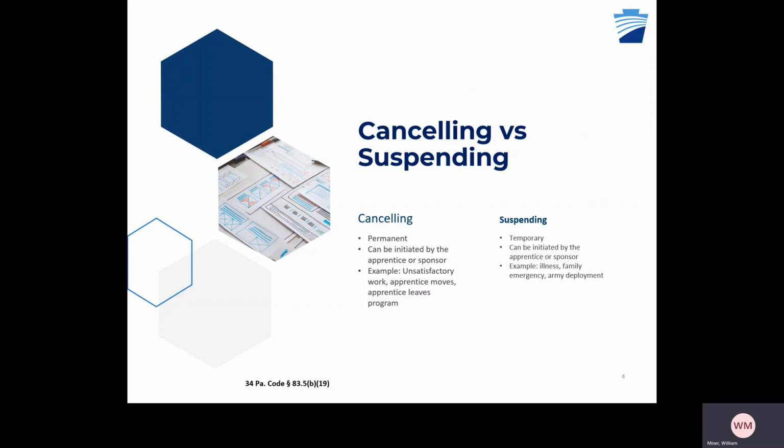When an apprentice is no longer active, you have the choice to either cancel or suspend the apprentice from the program. Canceling an apprentice is a permanent function. This should be used if the apprentice fails to meet standards or otherwise leaves the program. On the other hand, if an apprentice is leaving the program but plans to return, you should use the suspend feature.